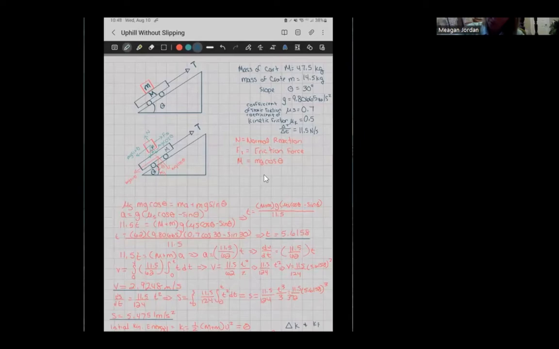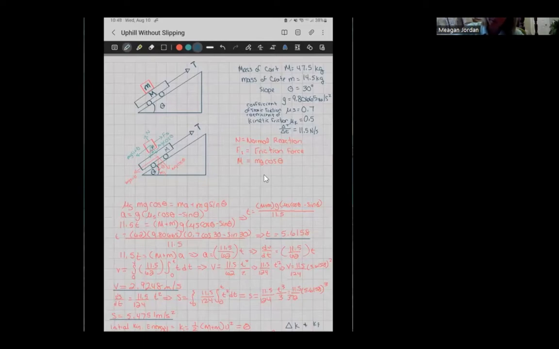To make it a little neater, let's multiply this 2 and this 62, and so we end up with 11.5 over 124. We found our T earlier, so we can plug that in: 11.5 over 124 times 5.6158 squared gives us a velocity of 2.9248 meters per second.